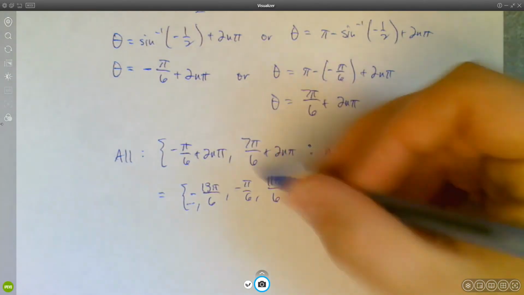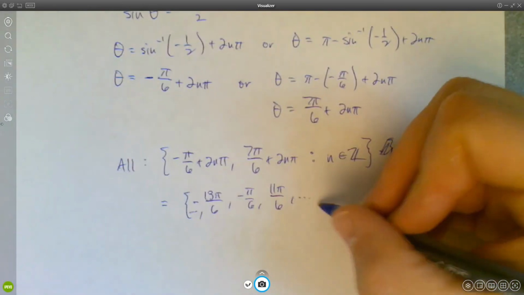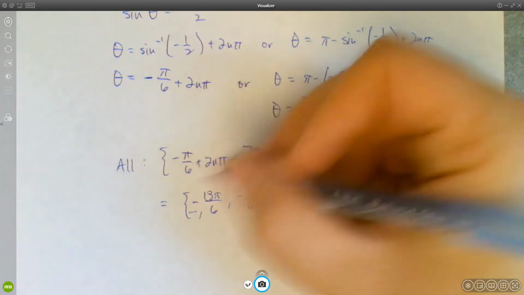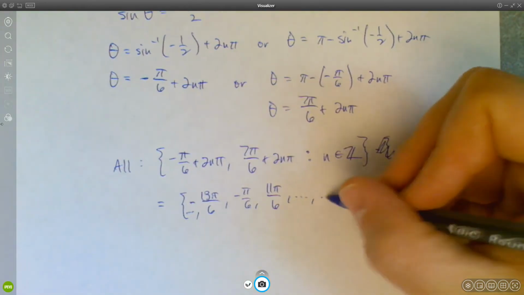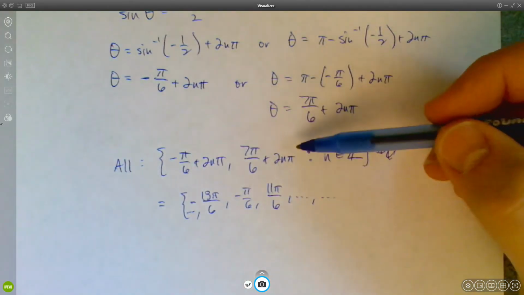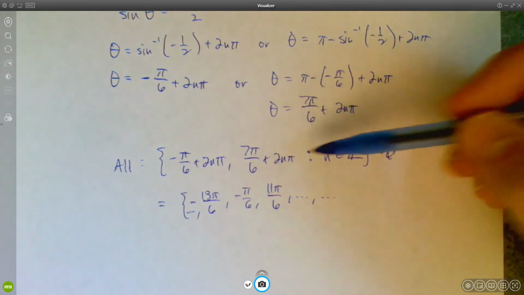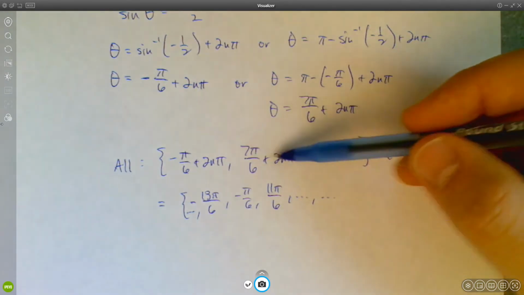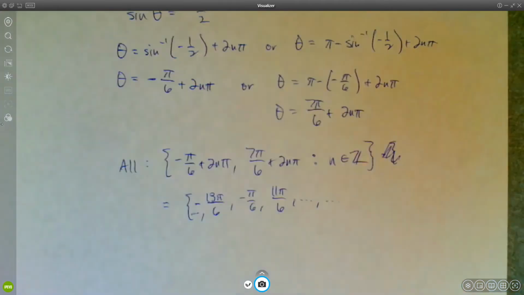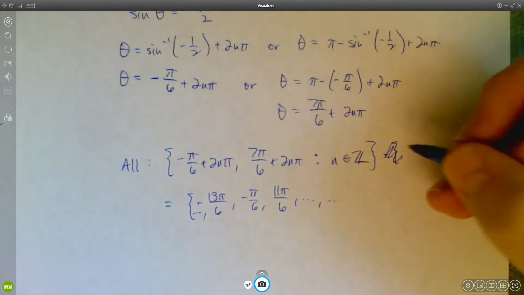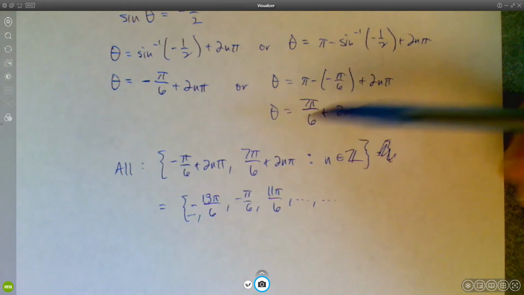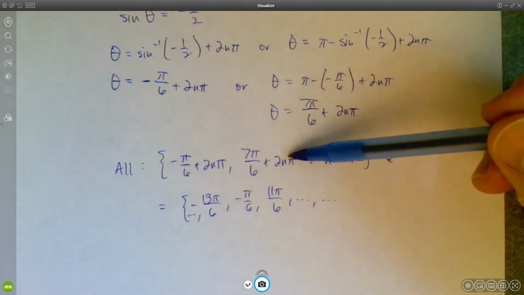Now, the second one is also going to generate another list of solutions. If I plug in -1, I'm going to have 7pi/6 minus 12pi/6, so that's -5pi/6.